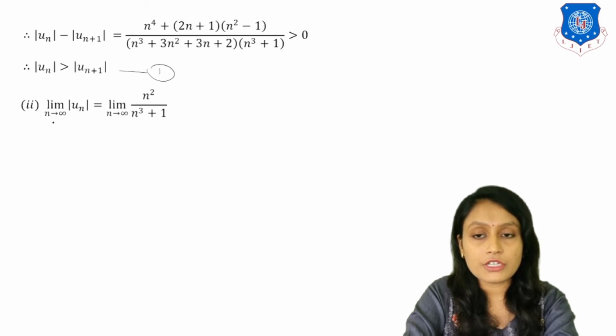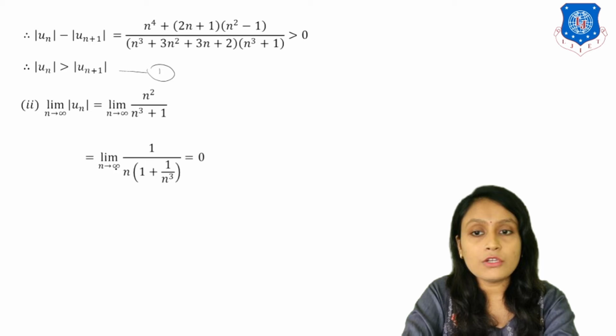Now the second condition, that is limit n tends to infinity mod Un, just substitute. Again we have to take n cube common from the denominator, n square will get cancelled. What remains is this, and we know that limit n tends to infinity 1 upon n is equal to 0. So here we have the answer 0.